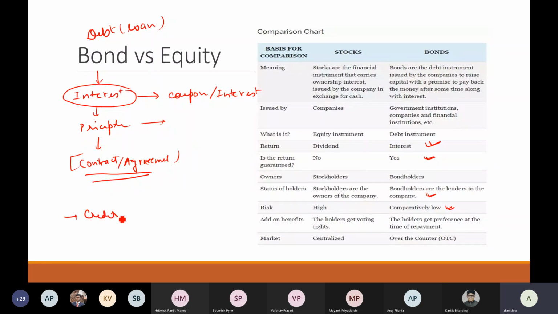Your creditors, meaning your debt capital providers, your bondholders, banks, they get priority. After that, preference shareholders get priority, and at the last, equity holders or common shareholders. And that's why in terms of risk, bondholders bear less risk.